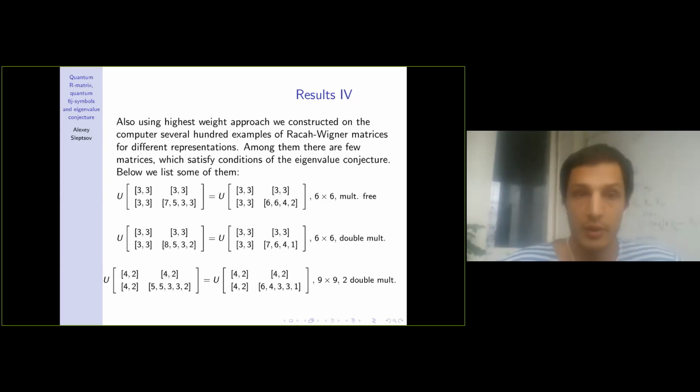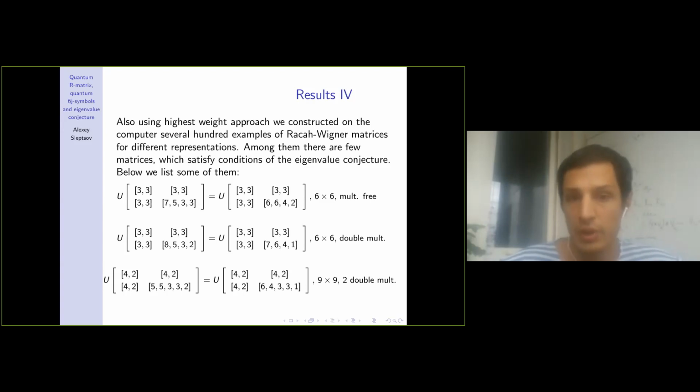The first example is a 6x6 matrix, and it does not contain multiplicity, but now incoming representations are not given by one-row diagrams, it is given by two-row diagrams. The second example is again a 6x6 matrix, but with one double multiplicity.